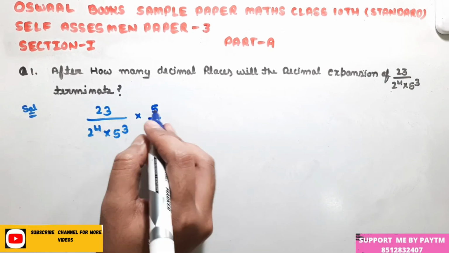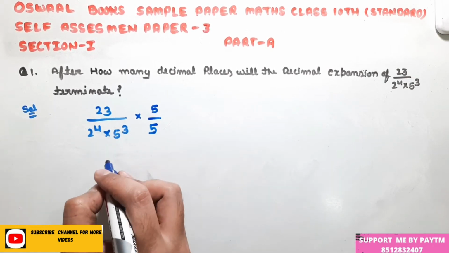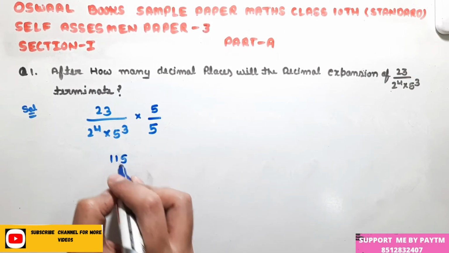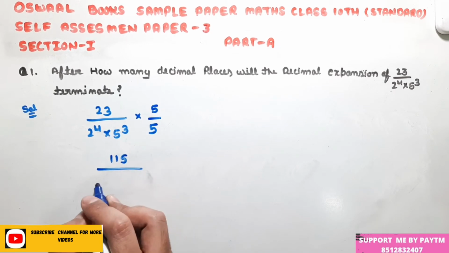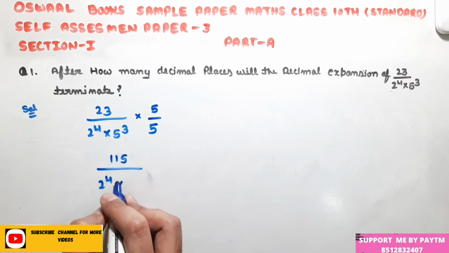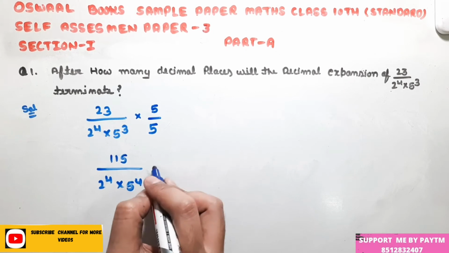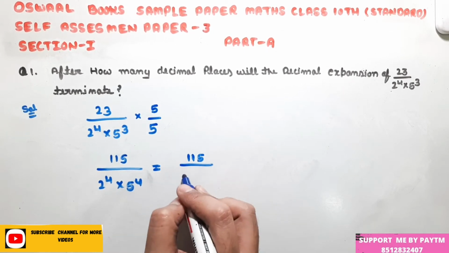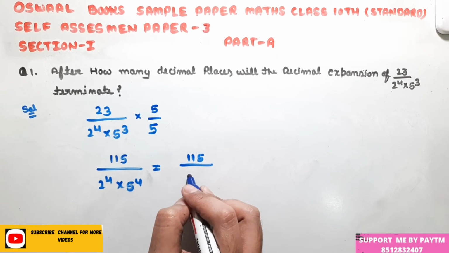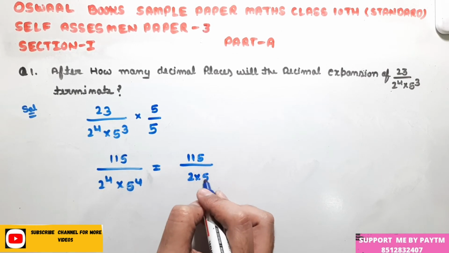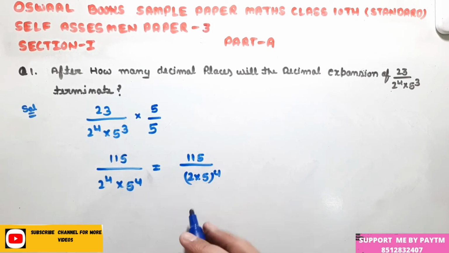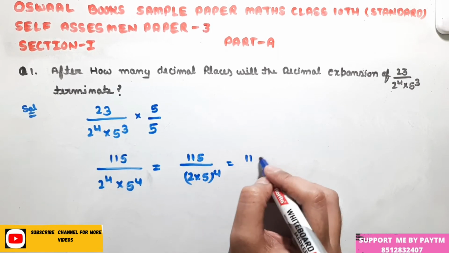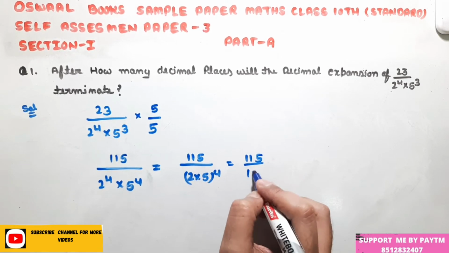So this will be equal to 23 into 5, which is 115, upon 2 to the power 4 into 5 to the power 4. This will be equal to 115 upon 10 to the power 4.